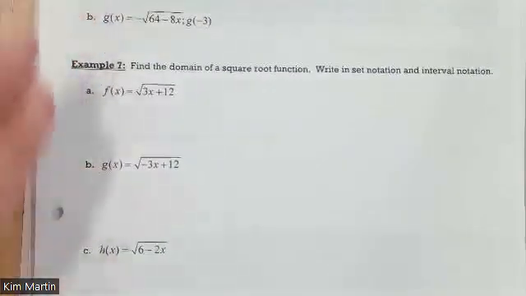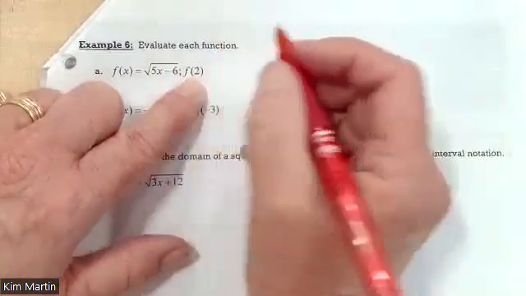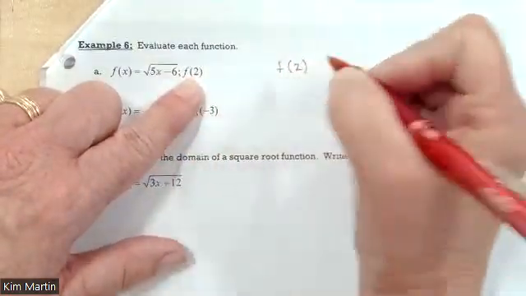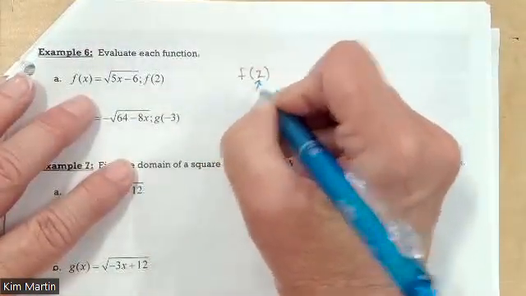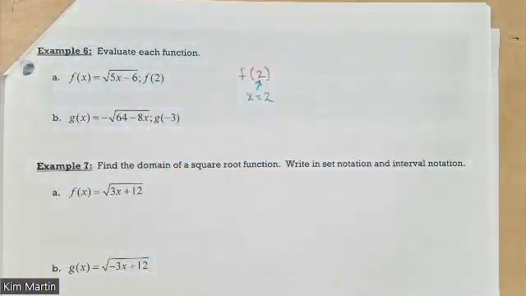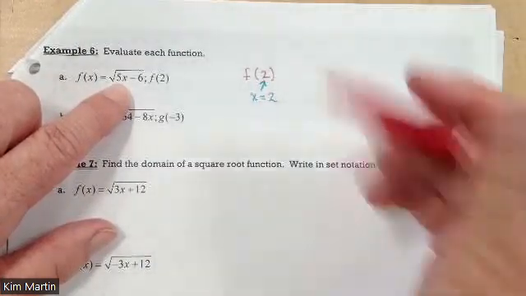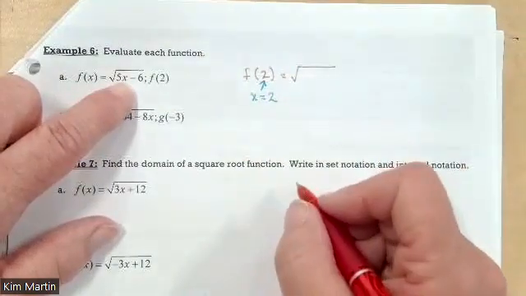Now, evaluate each function. What does this tell? We've already done f of 2. What is this telling you? What x is? It's saying x is equal to 2. So what you do is you take this function, and wherever you see an x, you put a 2.